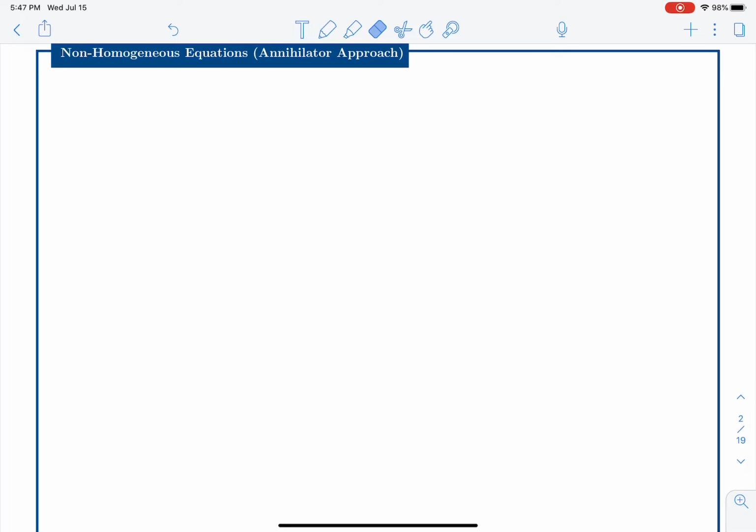So now we'd like to identify the correct annihilator operator for a given expression. We'll start simply with a polynomial. Suppose we have x raised n as the expression. Then when we apply the derivative operator, this should eventually become 0, and that is the goal.